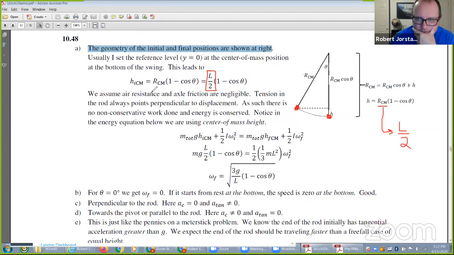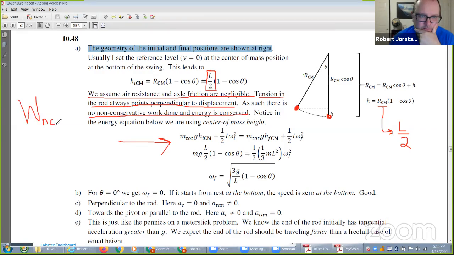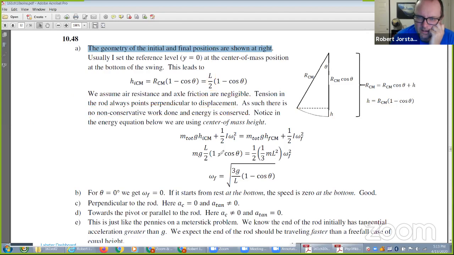All right. Here's my energy equation. Notice that air resistance and axial friction are negligible. Tension in the rod, if you were worried about that, is always perpendicular to displacement. So there's no work non-conservative. So the work non-con equals 0. That's what all that in red is. There we go.